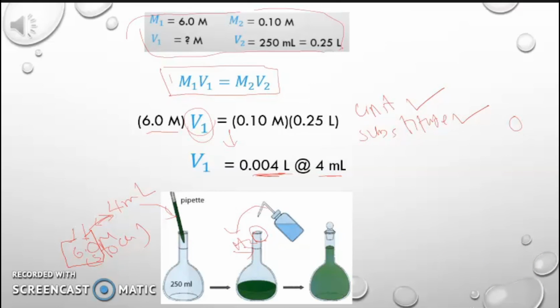So logically, the more concentrated your stock solution is, the less of it you will need to prepare a new diluted solution, especially if the difference in concentration is very large.